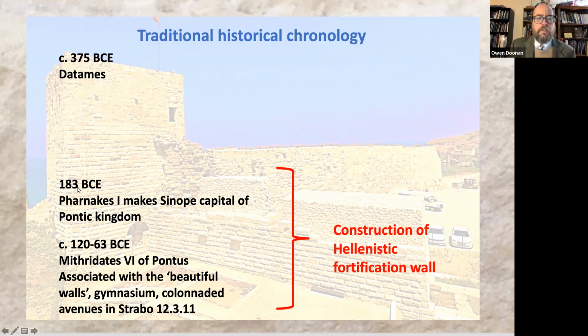And so the monumental wall had always traditionally been associated with one of those two of the Pontic kings.